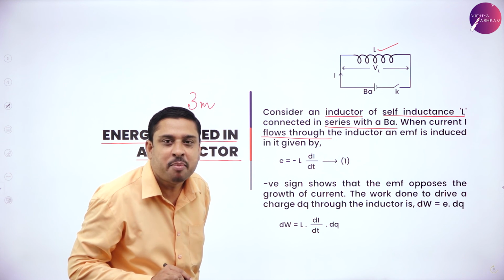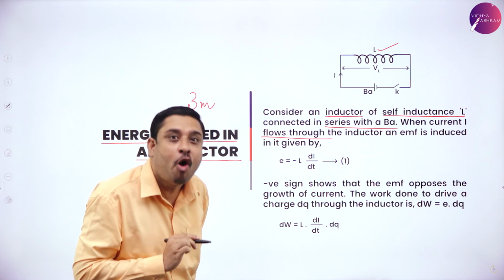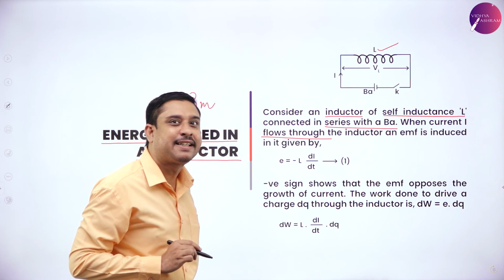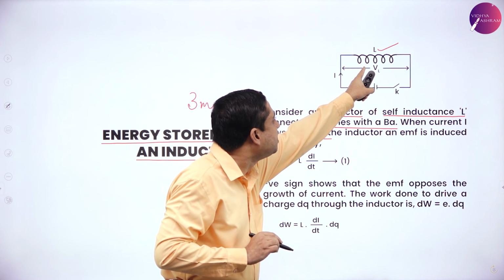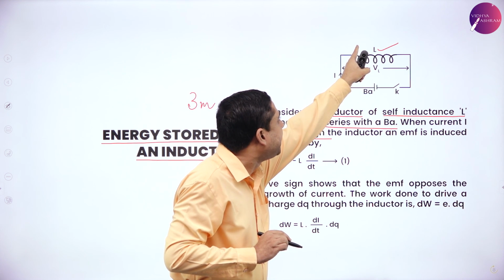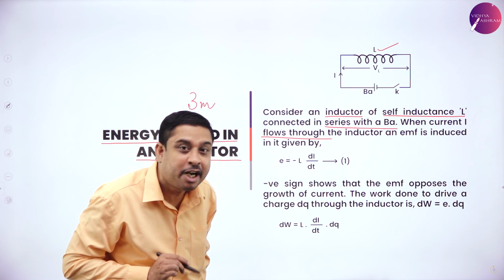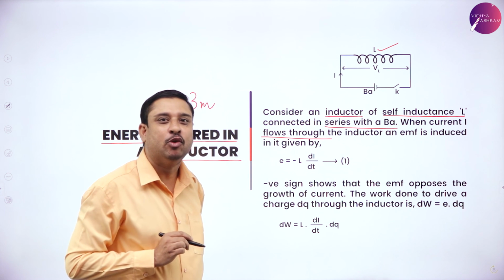The battery is switched on. There is some current flowing through the inductor. What will that current do? Self-inductance. Yes. It will change the magnetic flux across the inductor, because of which an EMF is induced.